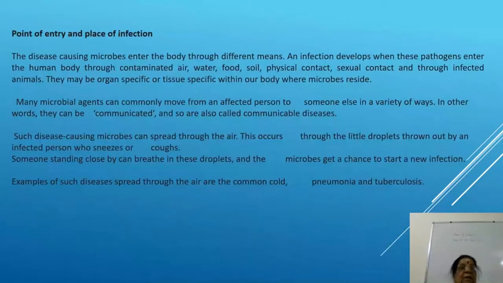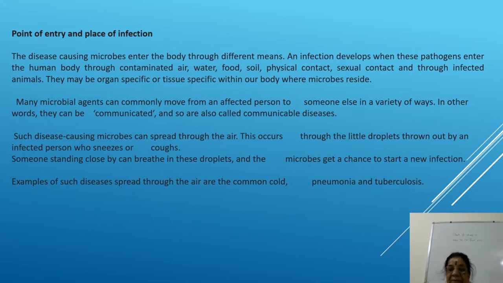The next one is point of entry and place of infection. What does that mean? When a pathogen or disease-causing germ enters the body, it can go anywhere, we cannot say. It is called point of entry and place of infection. For example, a mosquito causing malaria.